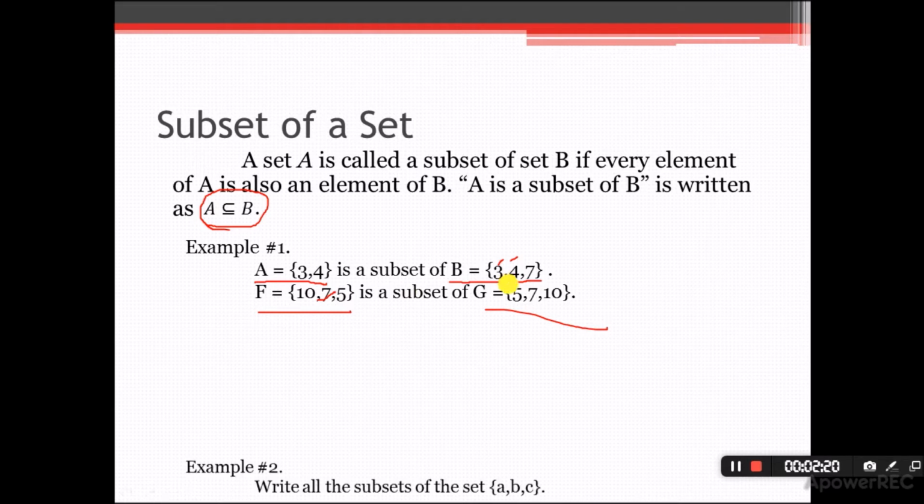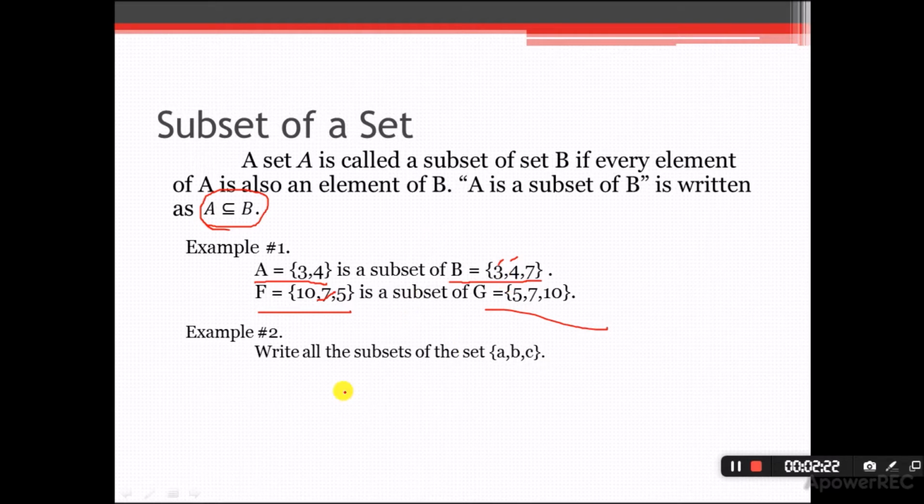The second example: write all the subsets of the set {A, B, C}.